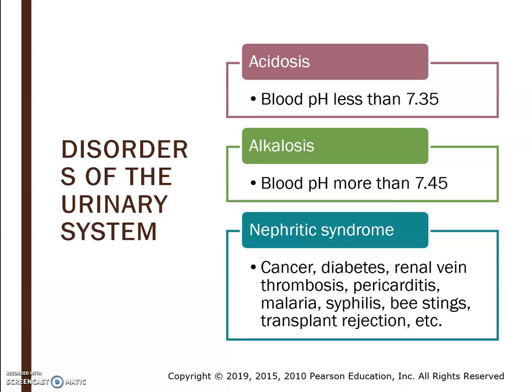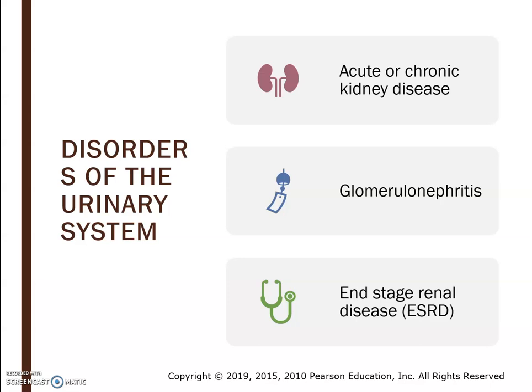Nephrotic syndrome, cancers, diabetes, renal vein thrombosis, pericarditis, malaria, syphilis, bee stings, and transplant rejection are some disorders found in the urinary system. Acute or chronic kidney disease, glomerular nephritis, and end-stage renal disease, or ESRD.